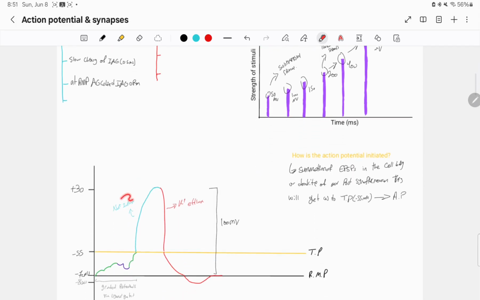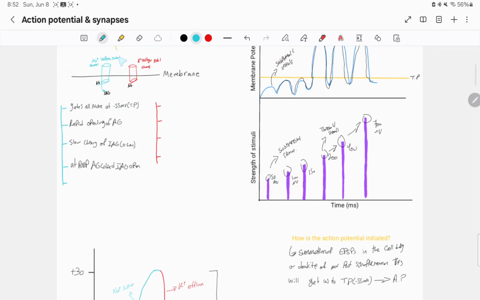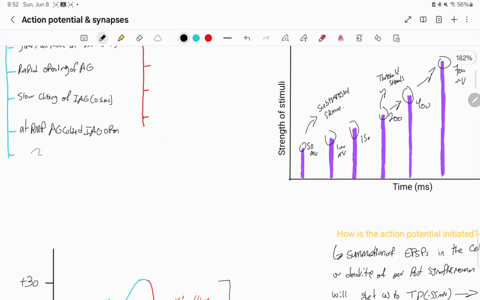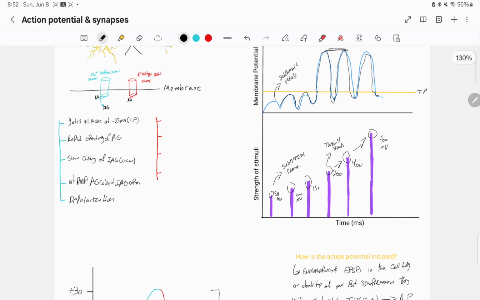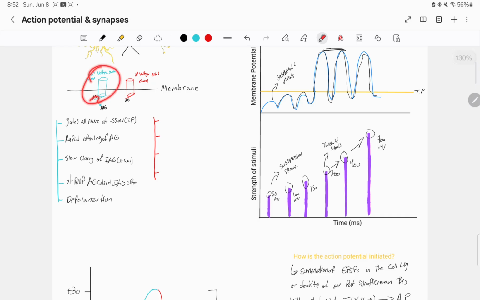So, put 2 and 2 together. The sodium that is influxing, coming into the cell, must be coming in through the sodium voltage-gated channel. So this is responsible for the depolarization part of the action potential. I cannot stress the point enough, guys, that this channel does not depend on ATP. It is a passive channel.